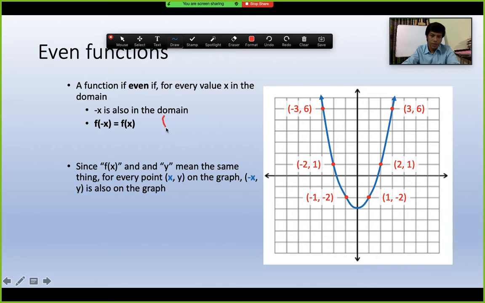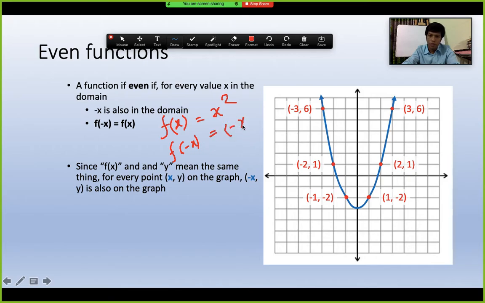Suppose I write a function like f(x) equals x squared. You already studied even functions, we talked about it to some degree. If you replace this x by minus x, then what is the answer?